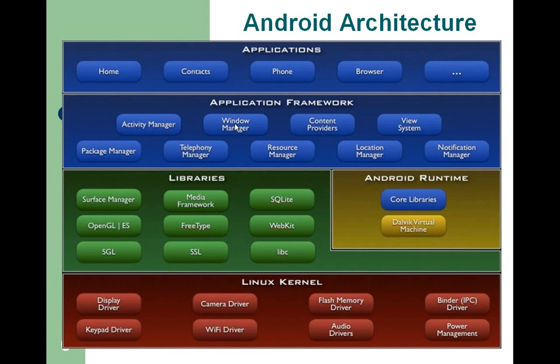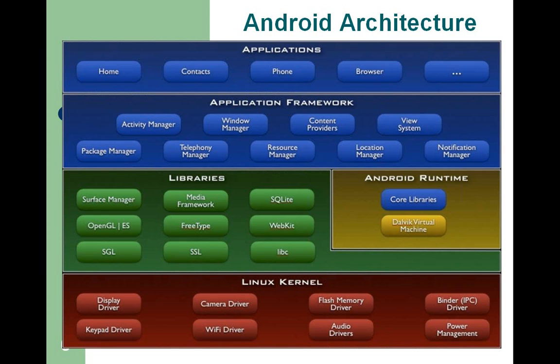It is a stack of layers, which shows at the bottom the Linux kernel. As we have already seen, the Linux kernel is based on 2.6. On top of it, we have libraries shown in green color, which are native libraries developed in C and C++.